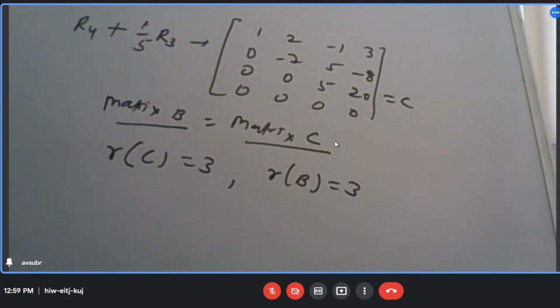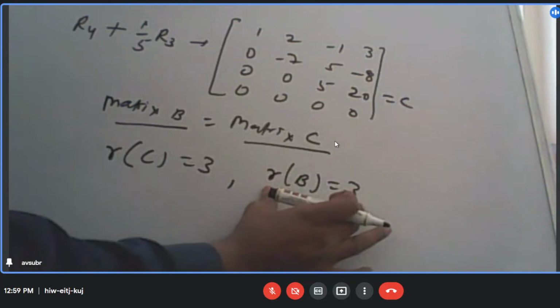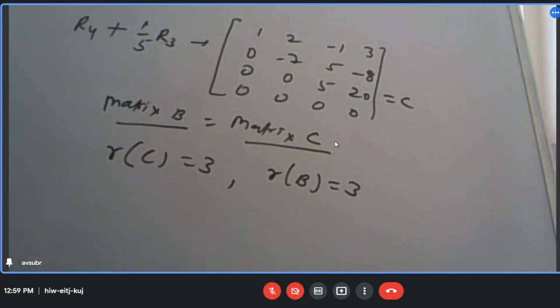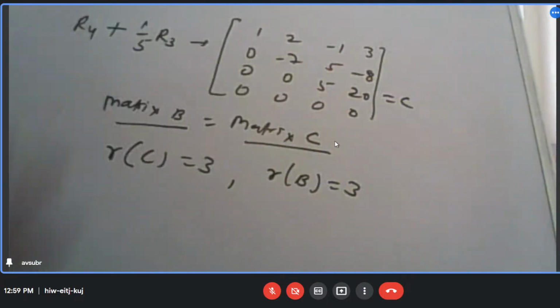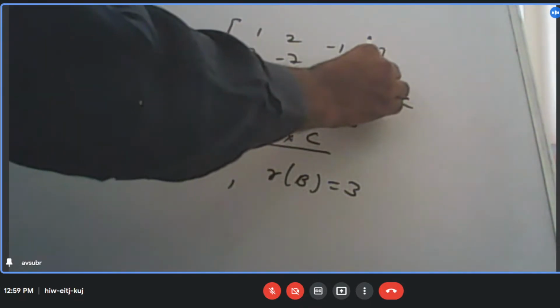Yes, sir. Okay. Now I have to see what the relation of rank of A with rank of B is. In the coefficient matrix, if you recall, this last column is missing there.